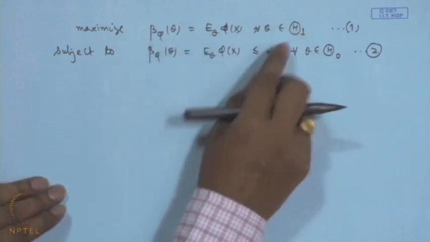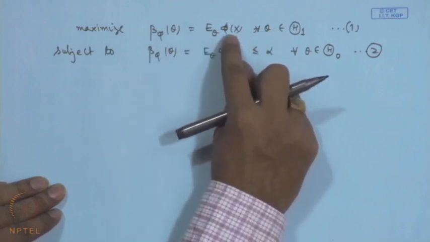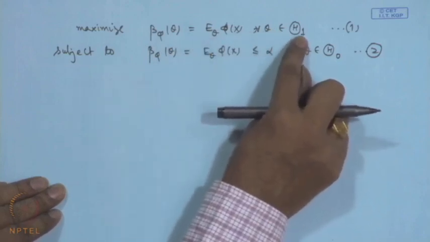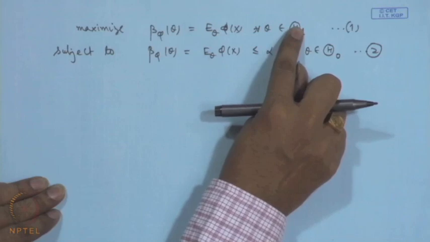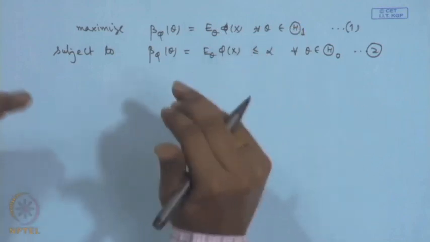Now, in this modeling, you can easily see that our solution depends upon the alternative hypothesis. That is why I was mentioning that this approach has an important component: apart from specifying a null hypothesis, we must also specify an alternative hypothesis.